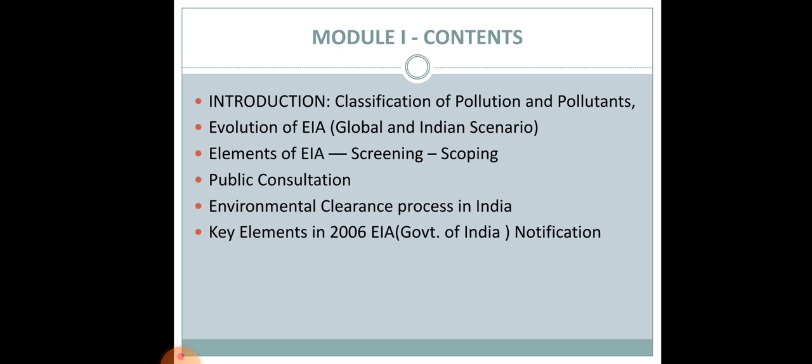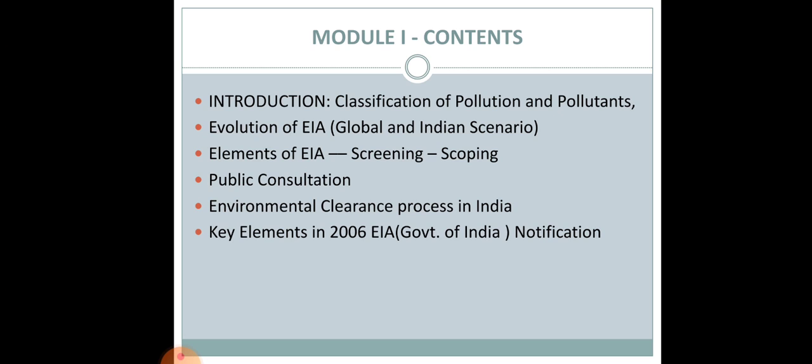So what is EIA? Environmental impact assessment is a process of evaluating the likely environmental impacts of any proposed project or development, by taking into account the interrelated socio-economic, cultural and human health impacts.